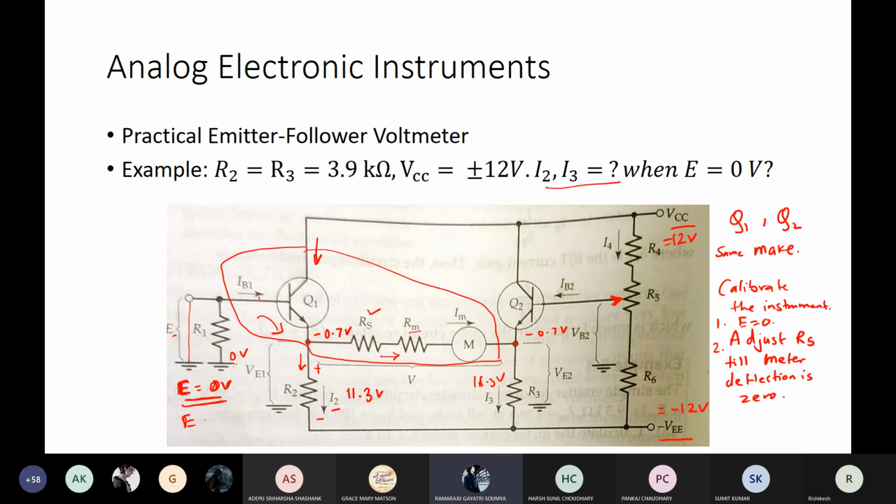E minus 0.7. What will be the voltage across the meter? E, if it is minus 0.7 on the other end. Yeah, so E minus 0.7 minus 0.7, which will be E, right? So have you got rid of the effect of 0.7 volts?